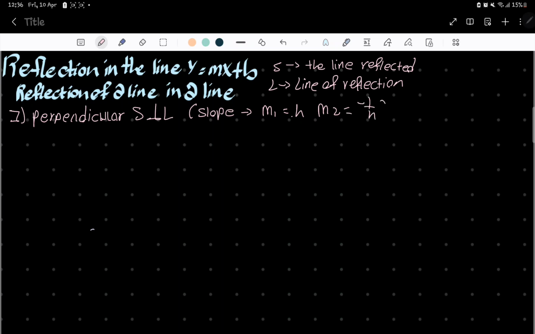So what this means is that the slope of S is the negative reciprocal of L, and vice versa. In this case, the image of S is itself.